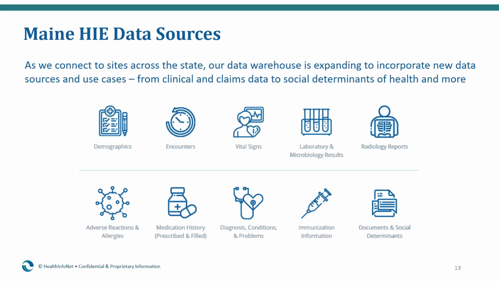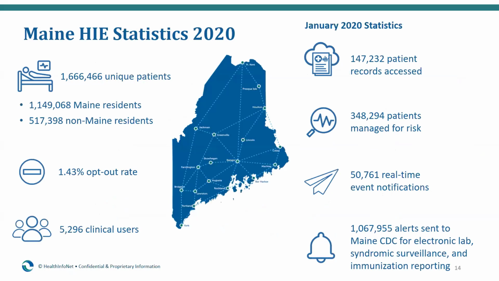This is just a look at some of the data sources that we have in the clinical portal. I won't go into all of these, but this is just a slide for you to see that. This is also just a great stats slide here for the month of January, taking a look at the patients accessed, as well as the number of real-time notifications that folks received.